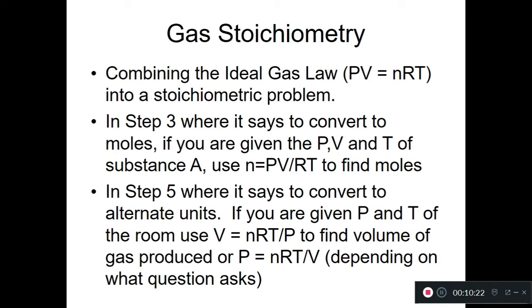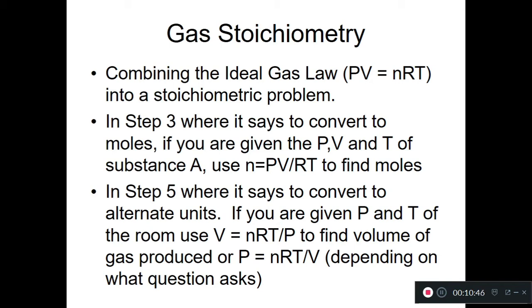And similarly, when I get to step 5 and I've determined the number of moles of my unknown substance, instead of asking me for how many grams are produced, or the molarity of the product, it might ask me for the volume or the pressure or the temperature of the product if it's a gas. And again, I can use the ideal gas law to convert to the appropriate units.